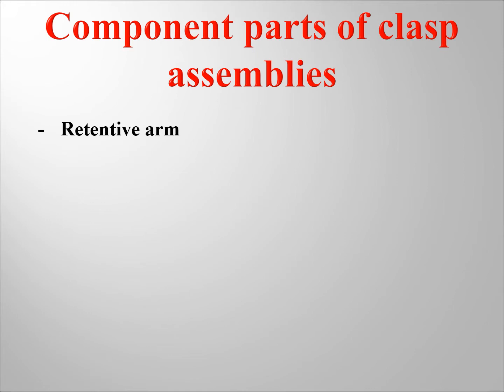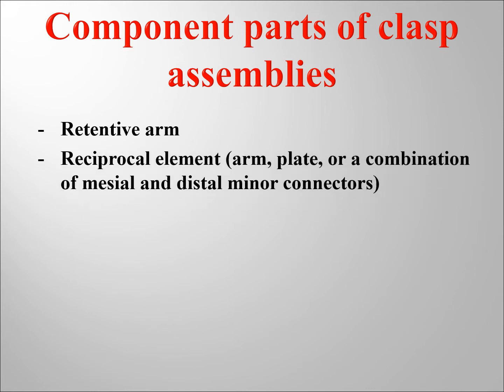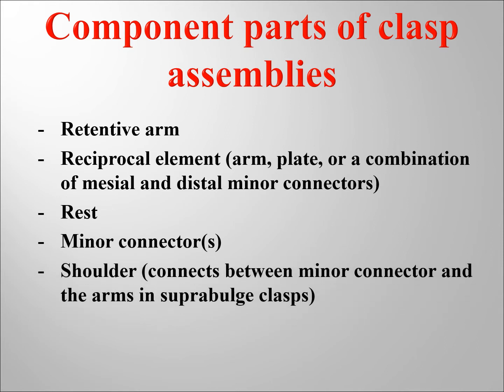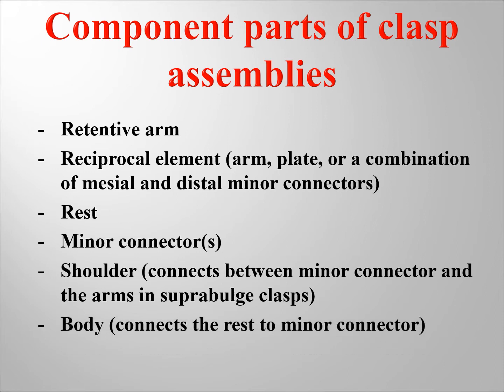First of all, there should be a retentive arm, a reciprocal arm, whether it is an arm, plate, or a combination of mesial and distal minor connectors, rest, and minor connectors. There can be also shoulder to connect between the minor connector and the arms in suprabulge clasps, and body that connects the rest to the minor connectors.